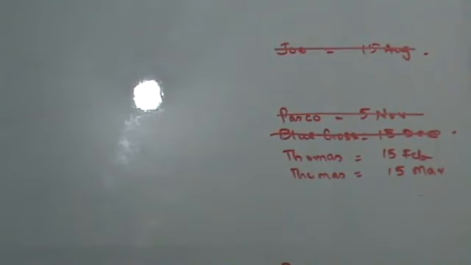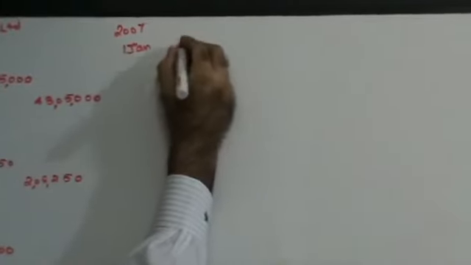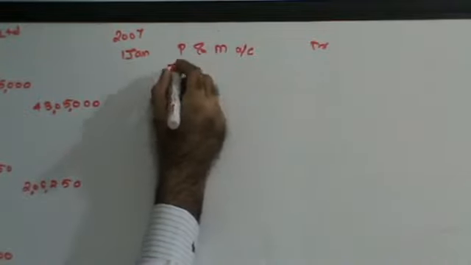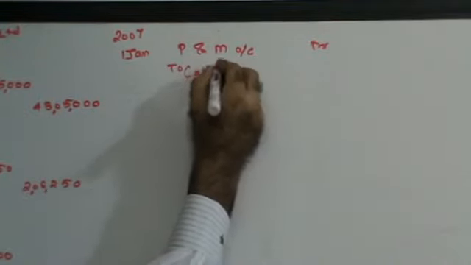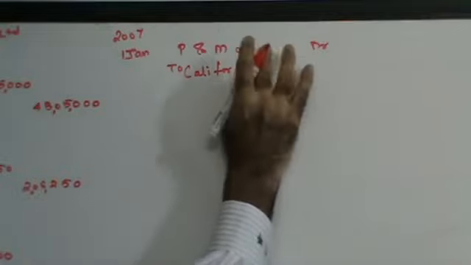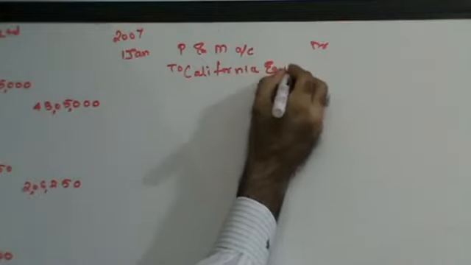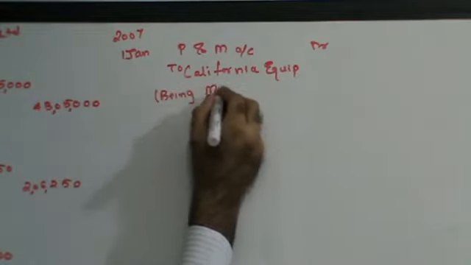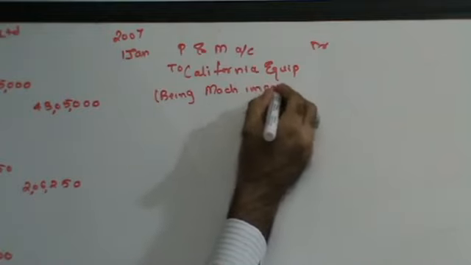They're saying that plant and machinery was imported from California on 1st Jan 2007 for $14,000. Debit what comes in? Plant and machinery account debit to California Equipments, being machinery imported.